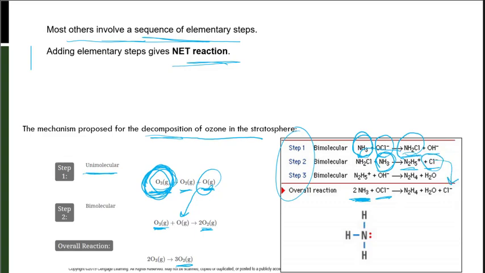We then bring this intermediate down and combine it with the OH from up there, and we get our 2 other products, N2H4 and H2O. All of these are bimolecular elementary step processes where I'm just hitting 2 molecules together.